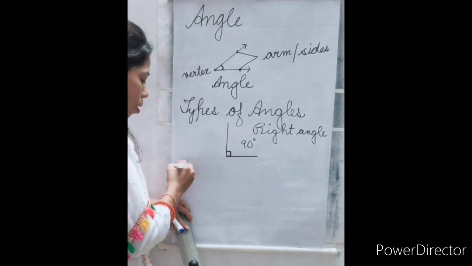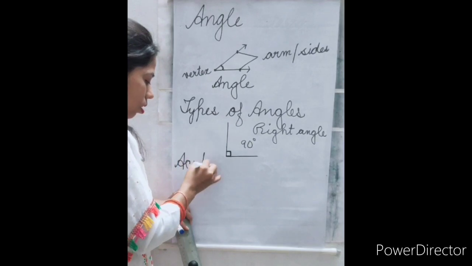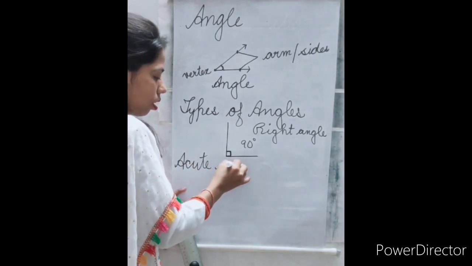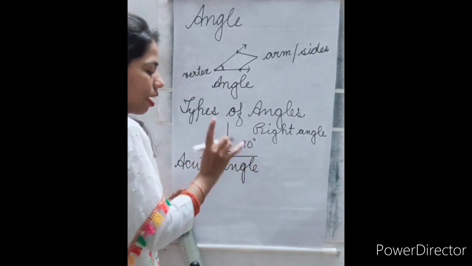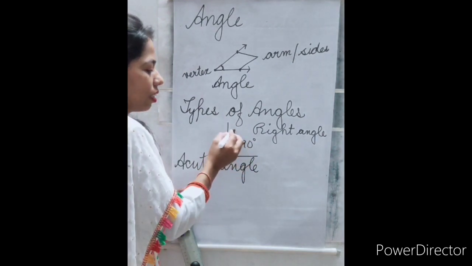After that, let's study the acute angle. An acute angle is an angle less than 90 degrees.